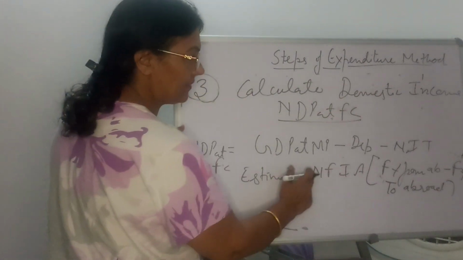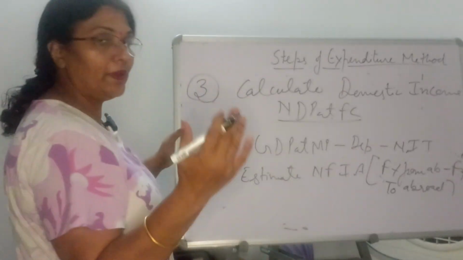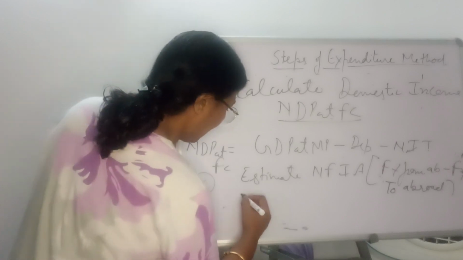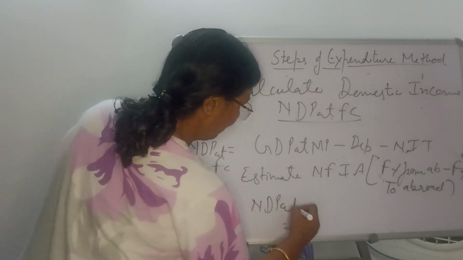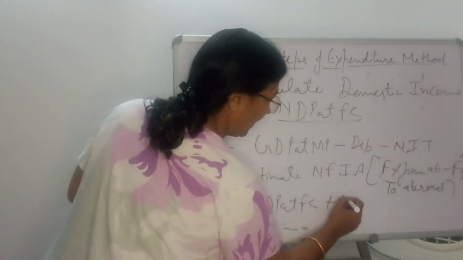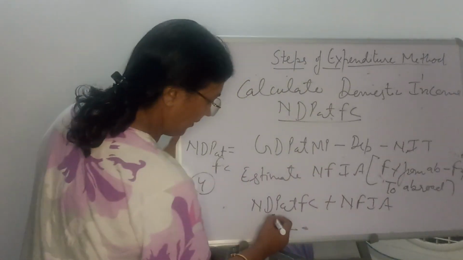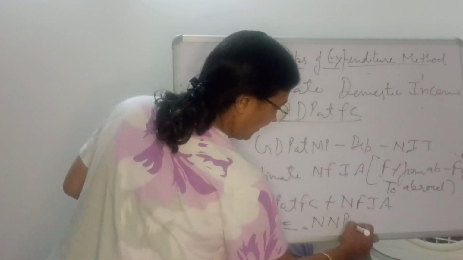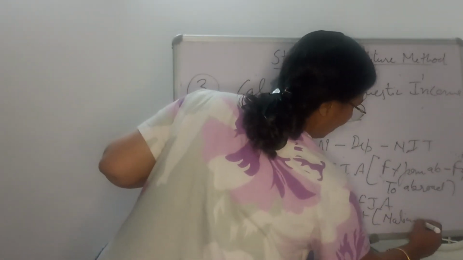So first we have to estimate NFIA, and NFIA is to be added to domestic income, NDP at FC, to arrive at national income, NNP at FC, which is also known as national income.